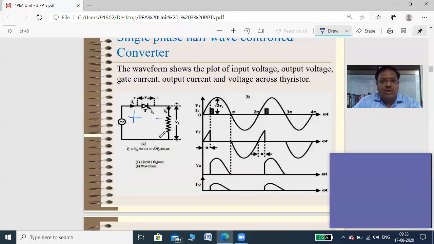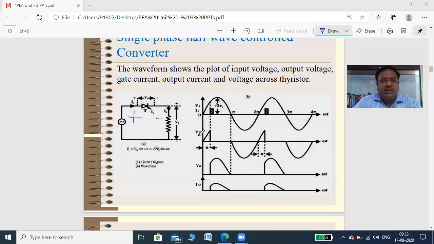When we apply a triggering pulse, at this instant called alpha, alpha may be any value from 0 to pi. Here we can consider 45 degrees. So after 45 degrees, we apply a triggering pulse to the SCR.